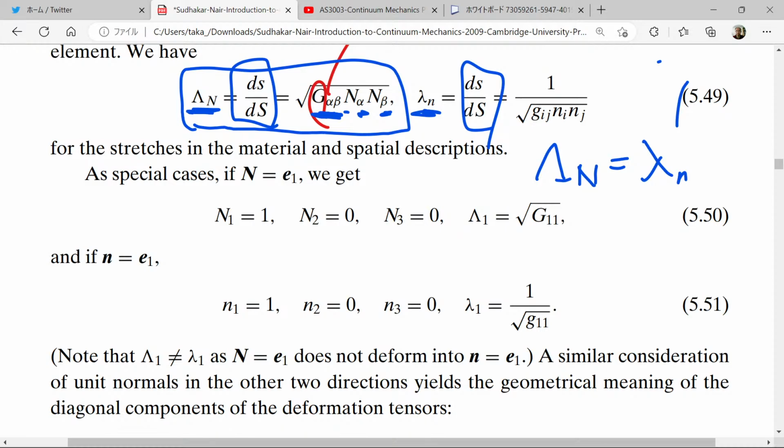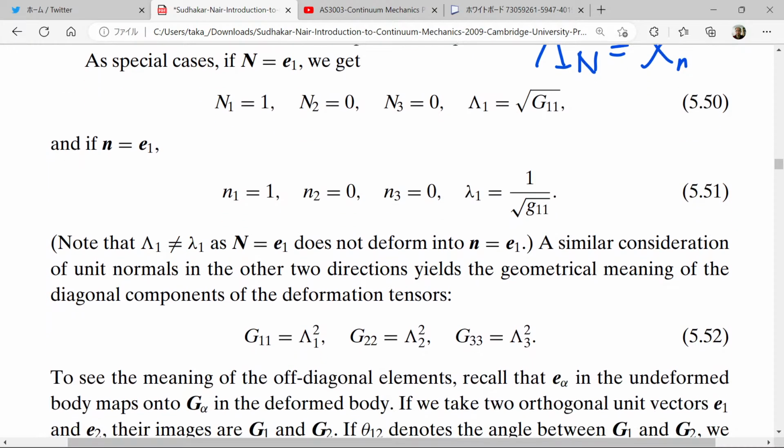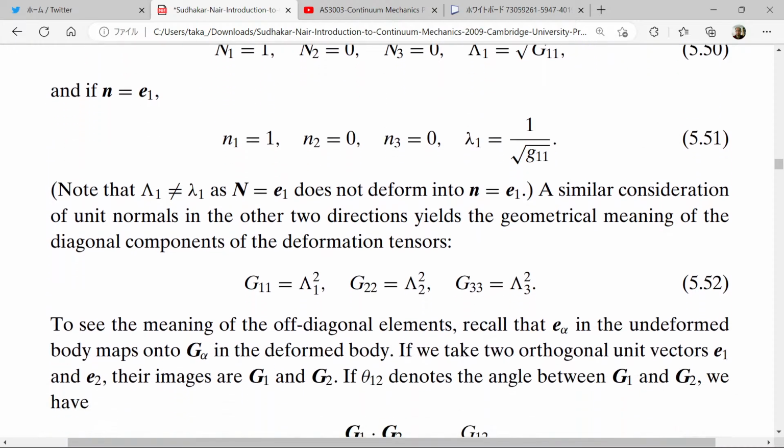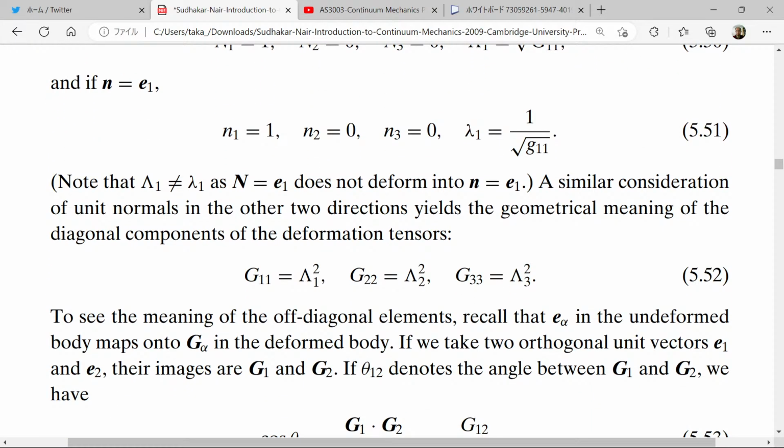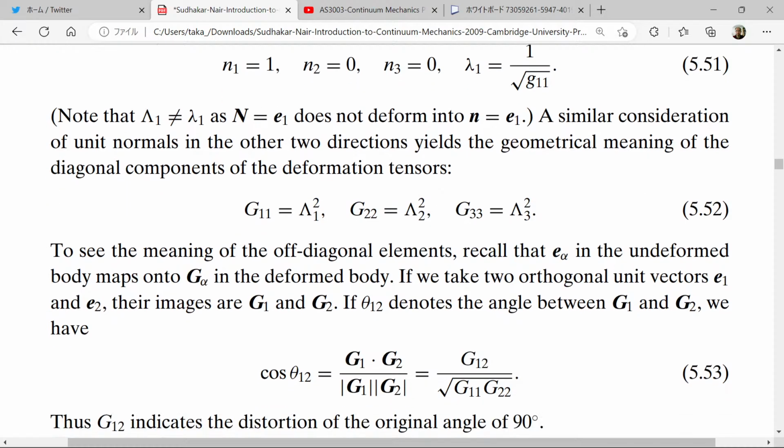Then lambda 1 is square root of G11. And if small n is E1, you have small n1 equal 1, small n2 equal 0, small n3 equal 0. So you have lambda 1 equal 1 over square root G11.